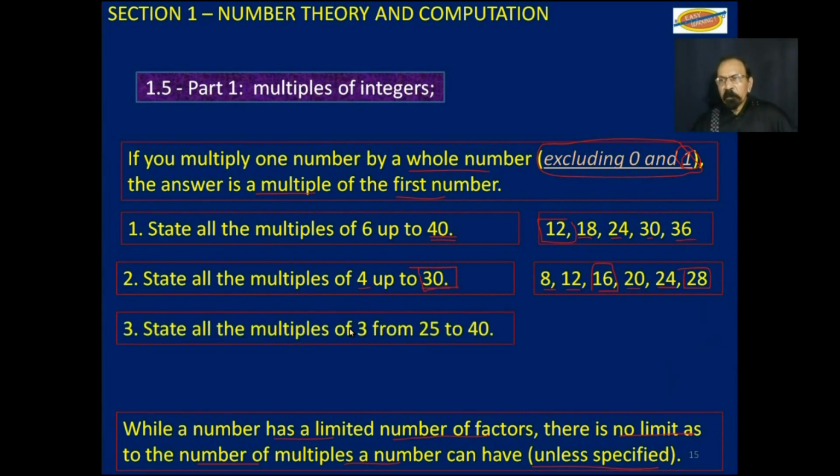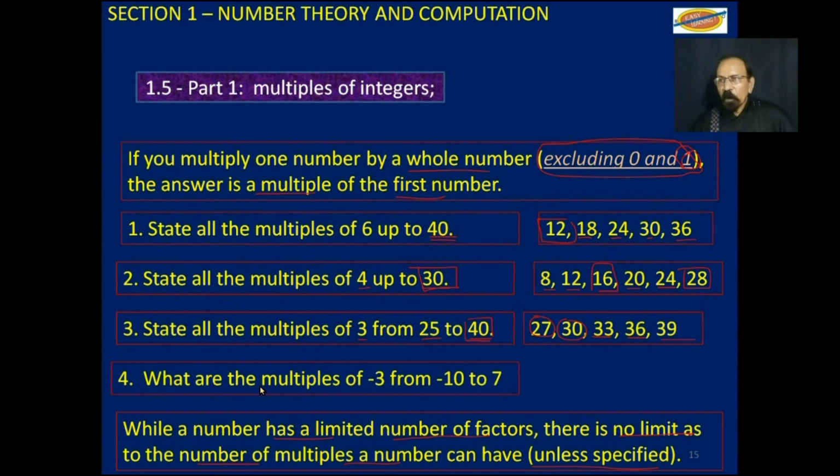State all the multiples of 3 from 25 to 40. Well, the first multiple of 3 beyond 25 is 27, and then 30, 33, 36, 39, we have to stop at 40. And finally, what are the multiples of negative 3 from negative 10 to positive 7?